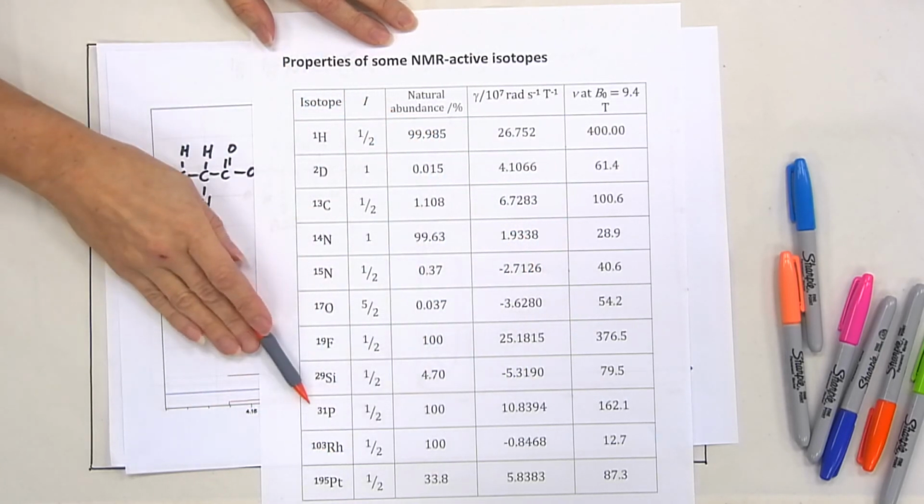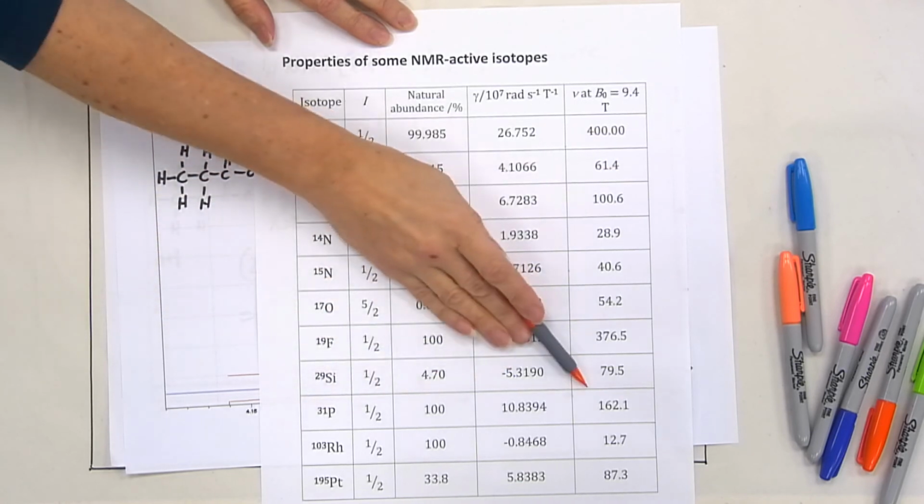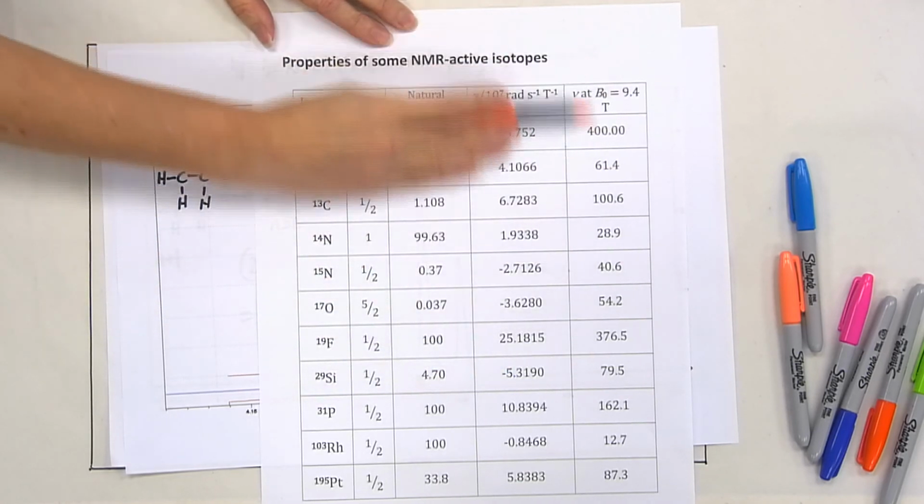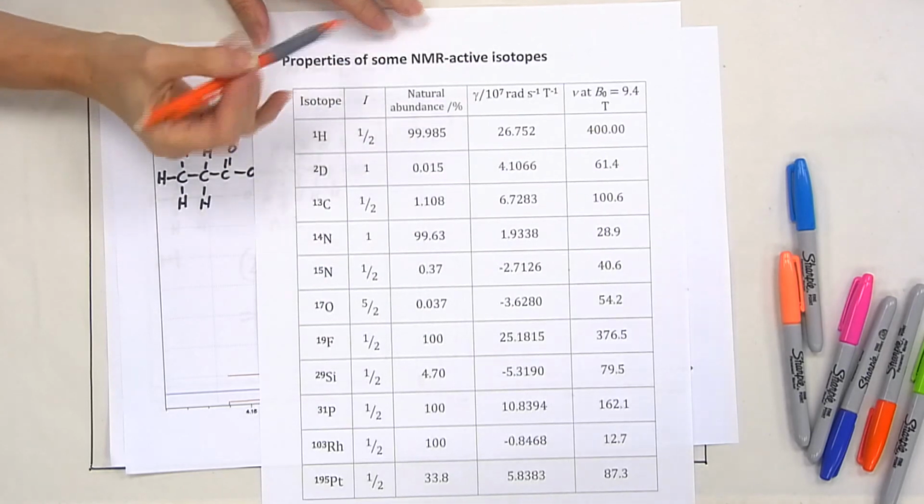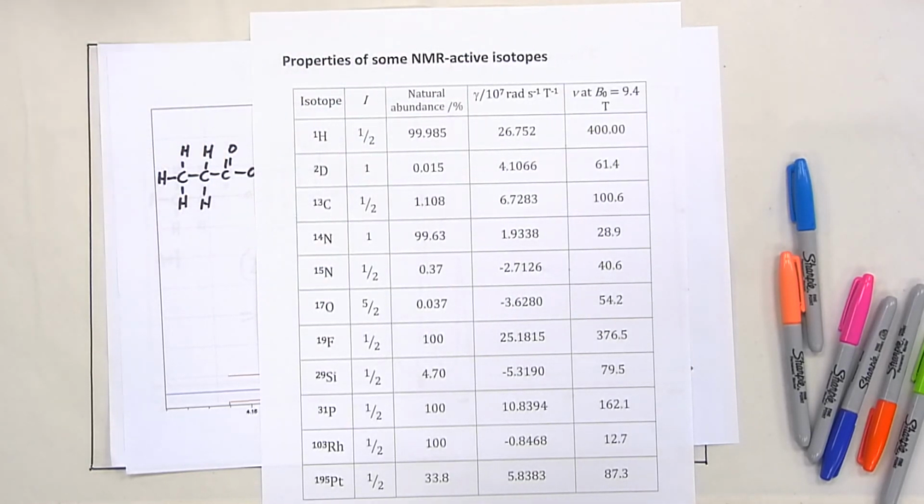Another would be phosphorus-31, which is 162. So you can see that they're all at slightly different frequencies, which is what enables you to study the spectra and not have to worry about interference from, say, the proton peaks appearing at the same point as we would see for carbon-13. So that's why we can get the different spectra.